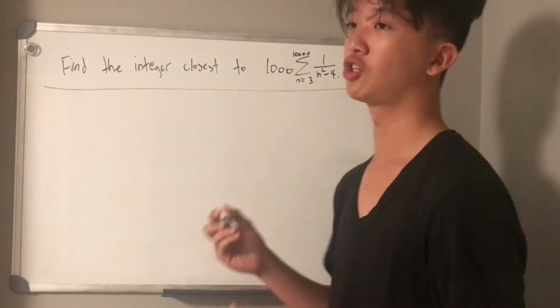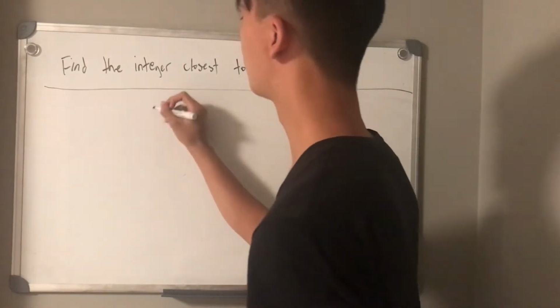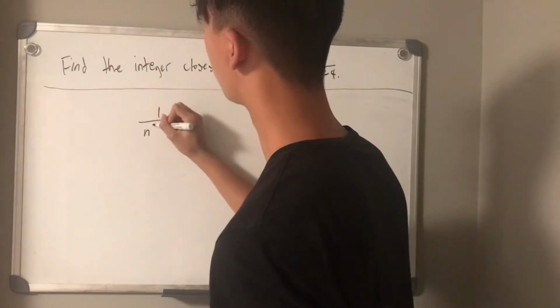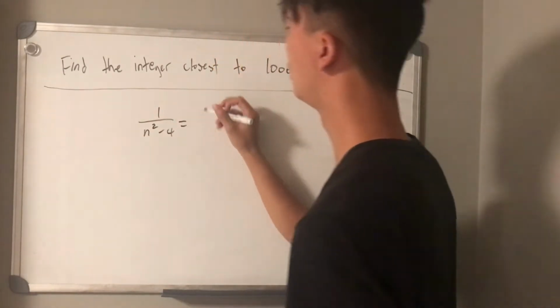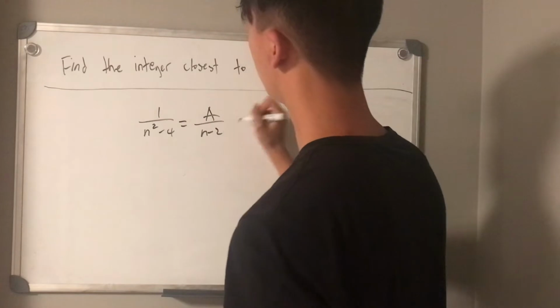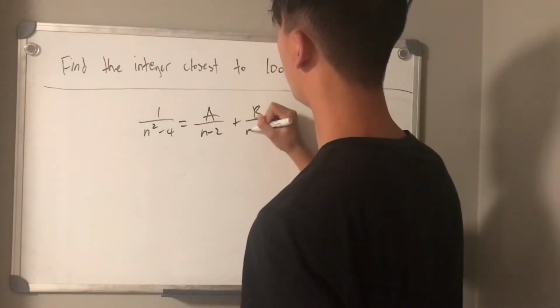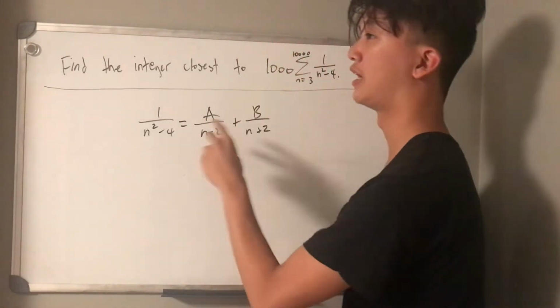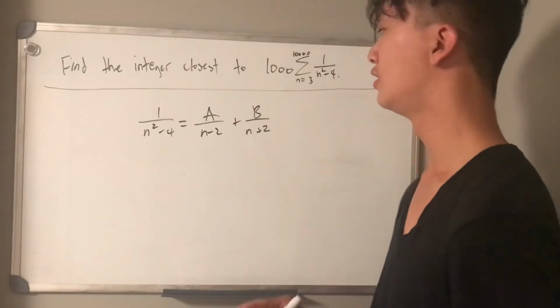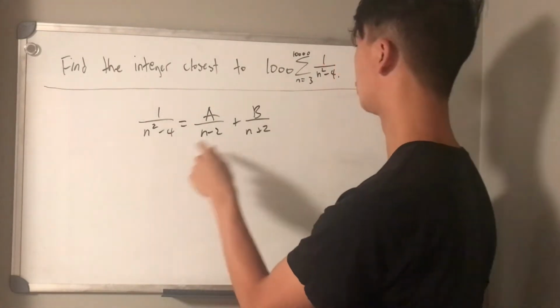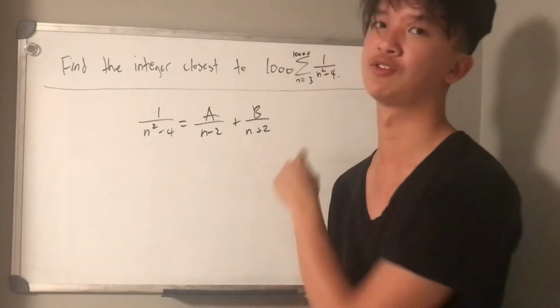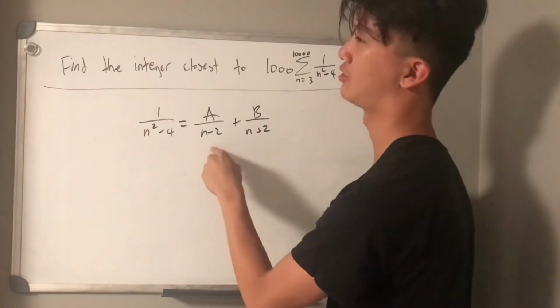So the idea behind partial fraction decomposition is to set this 1 over n squared minus 4 to be equal to a over n minus 2 plus b over n plus 2 for some values a and b, and we're going to solve for these values. N squared minus 4 factors into n minus 2 times n plus 2 because of the difference of squares, and that's why we set those as our denominators.